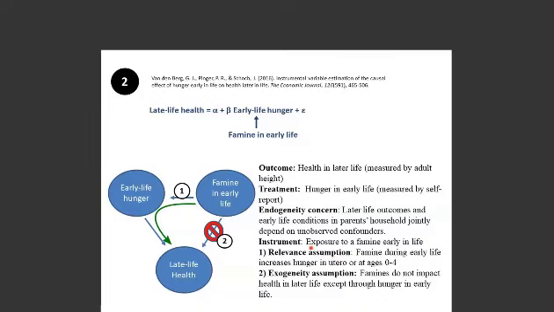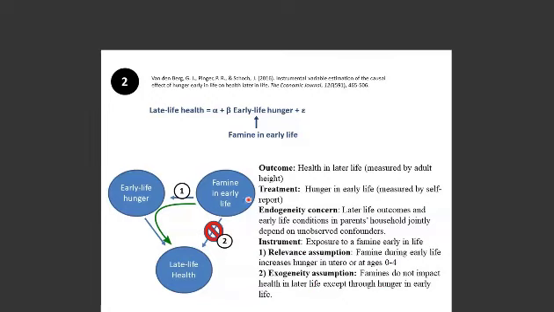So the instrument the authors use here is the exposure to a famine in early life. And the relevance assumption that's being made here is that famine during early life increases hunger in utero or at ages 0 to 4. And the exogeneity assumption that's being made here is that famines do not impact health in later life except through hunger in early life.